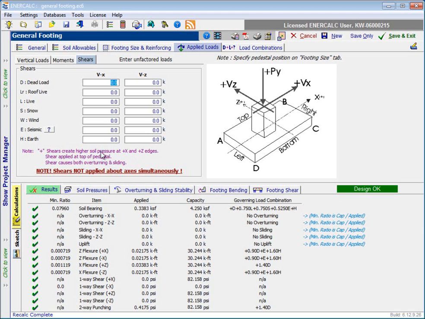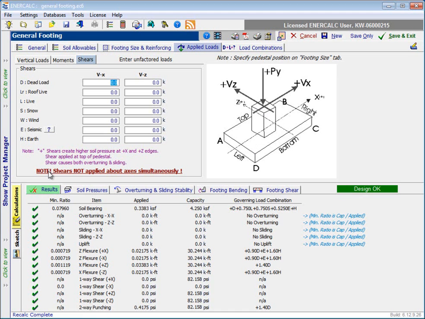So again, an important item to note because that directly affects the moment that will result. And a note that also reminds us of the fact that shear will cause both overturning and sliding, because sliding is fairly obvious, the overturning due to the height of the shear force acting with respect to the soil interface.